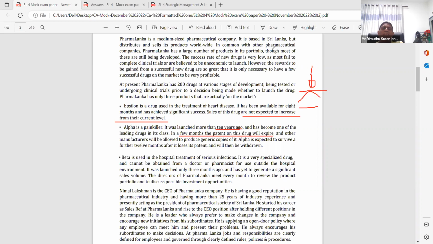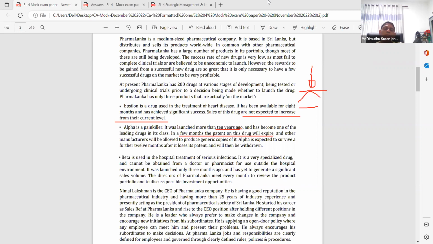So not decline, I think. At the moment, this is not decline. What do you think? Is that decline or maturity? Decline means your sales started to come down.